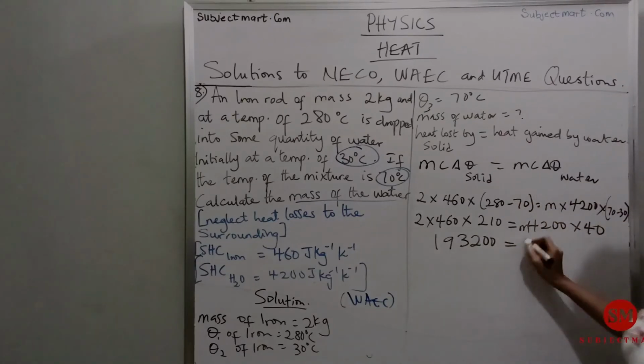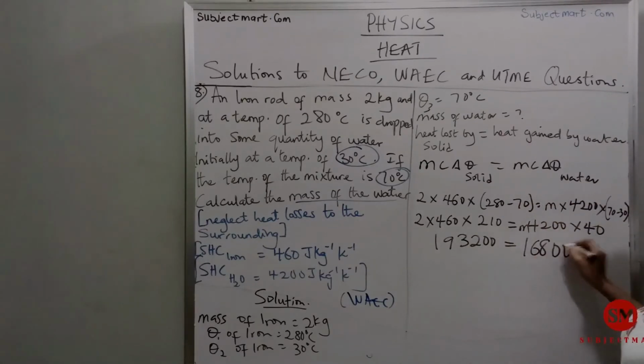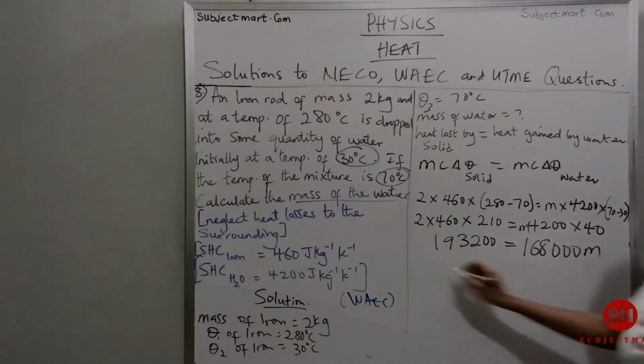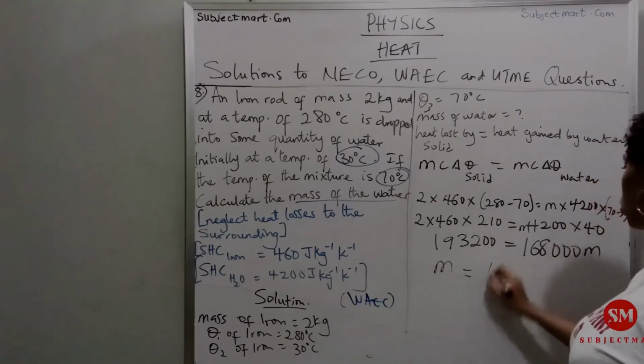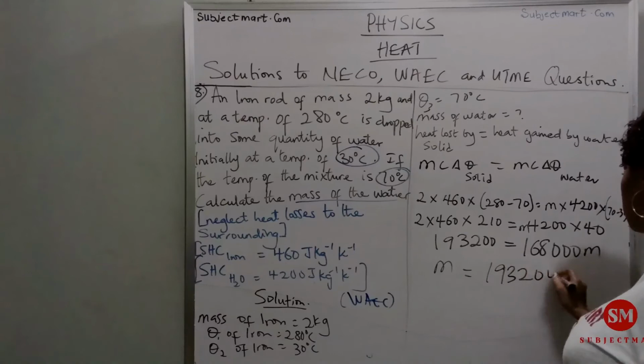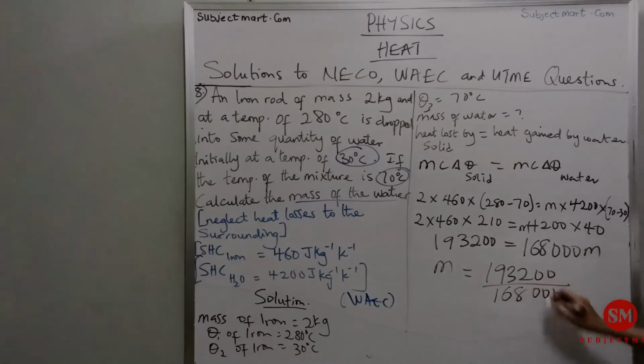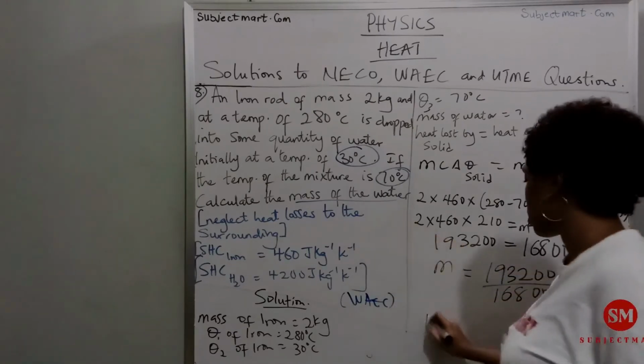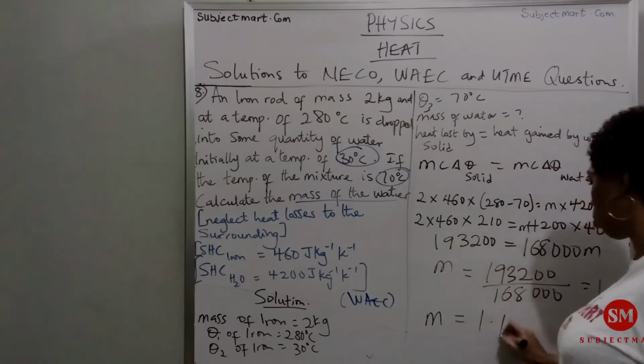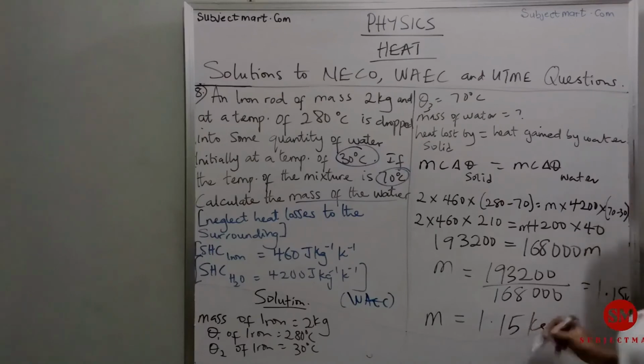If I multiply this, I have 168,000 M. So from here, my M is equal to 193,200 over 168,000. And that will be equal to 1.15 kg. So the required mass of the water is equal to 1.15 kilogram.